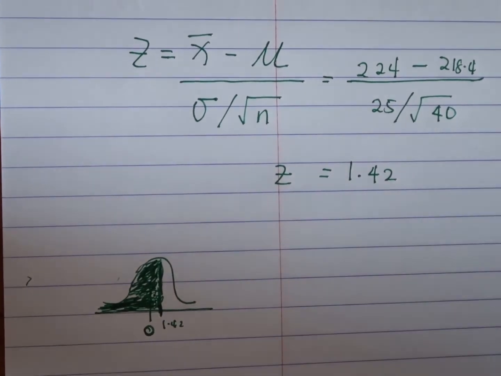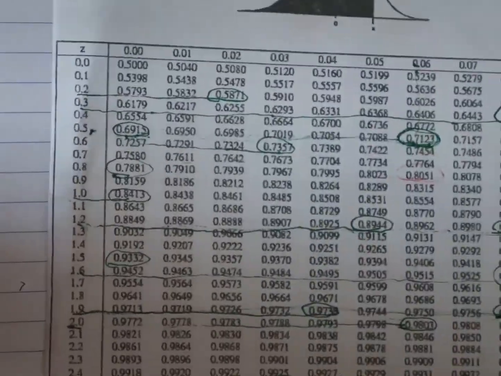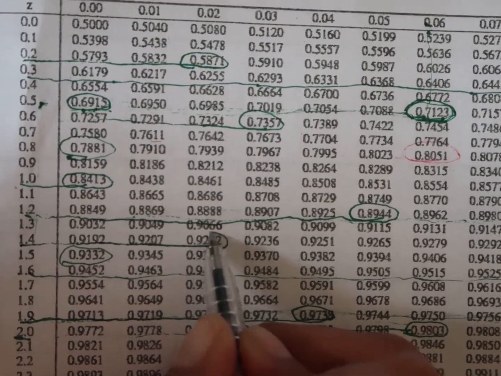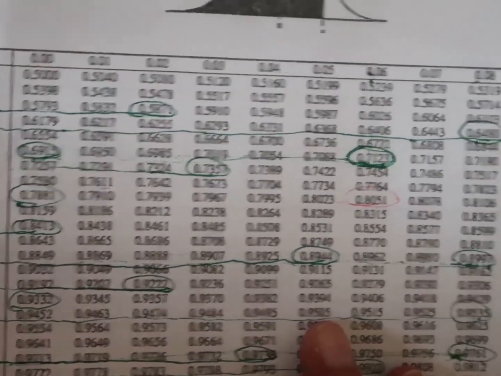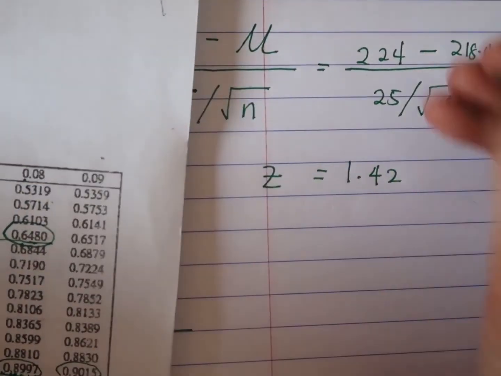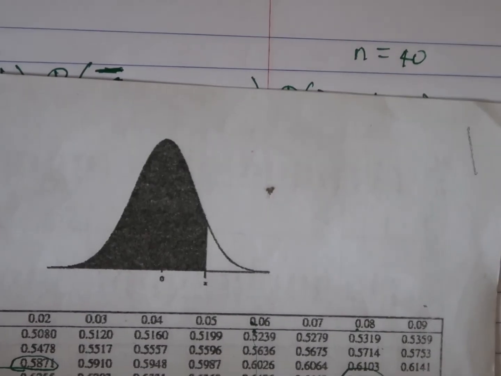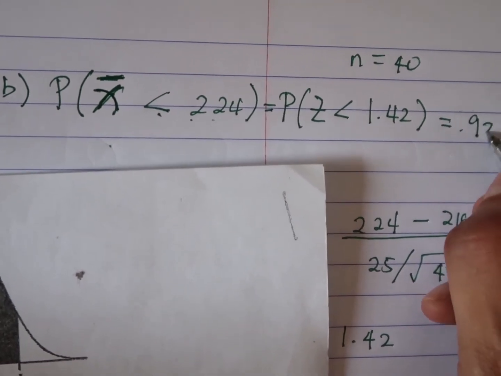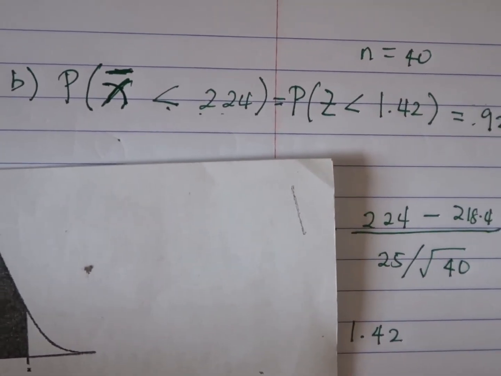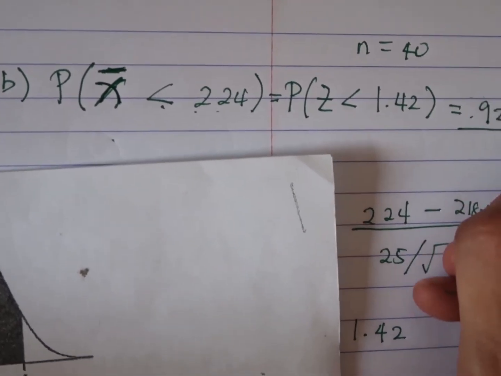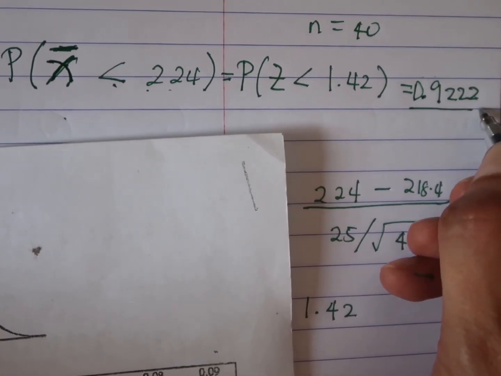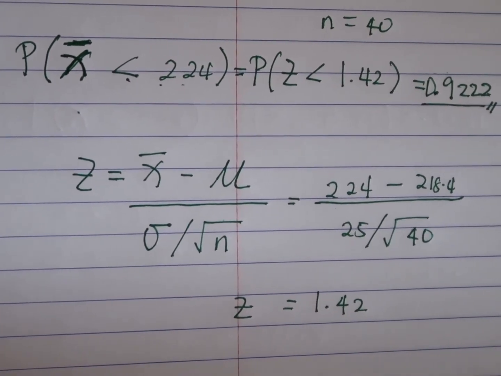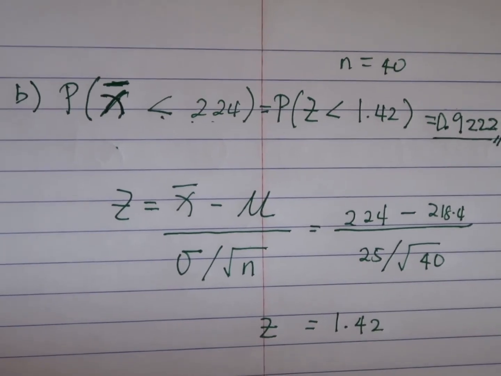So using the table, 1.42, that will be 0.922. So the answer is 0.922. That's it.